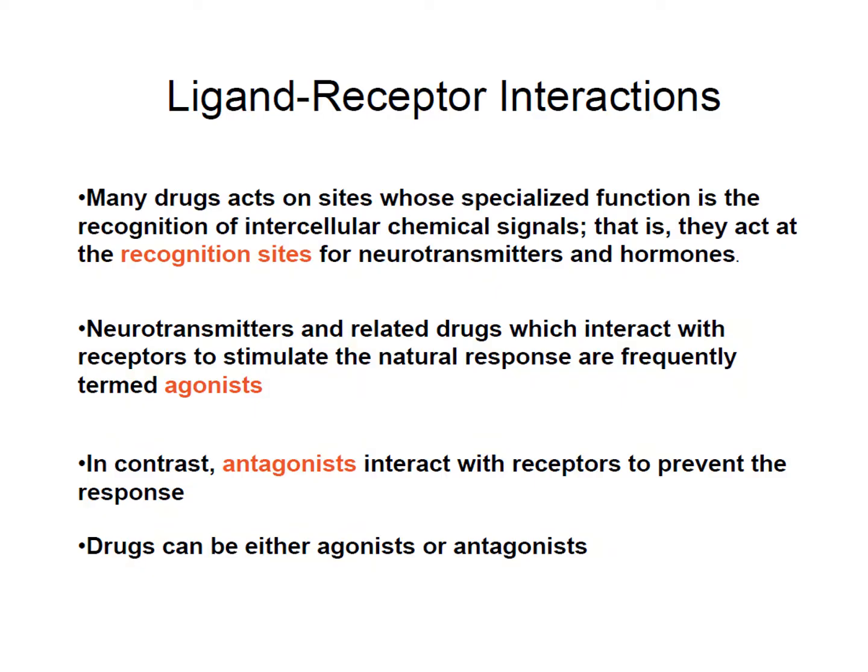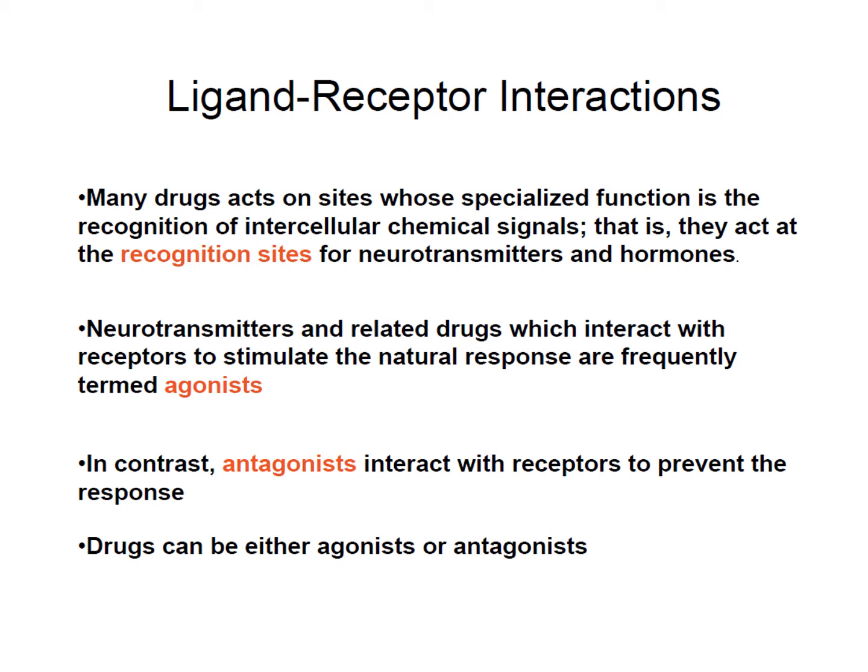So let's start with very basic concepts that involve ligand-receptor interactions. Many drugs act on sites whose specialized function is the recognition of intercellular chemical signals. That is, they act at the recognition sites for neurotransmitters and hormones.